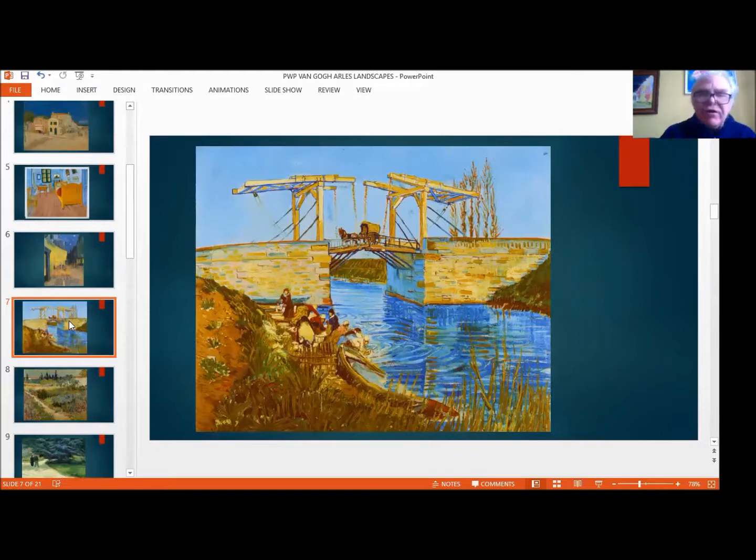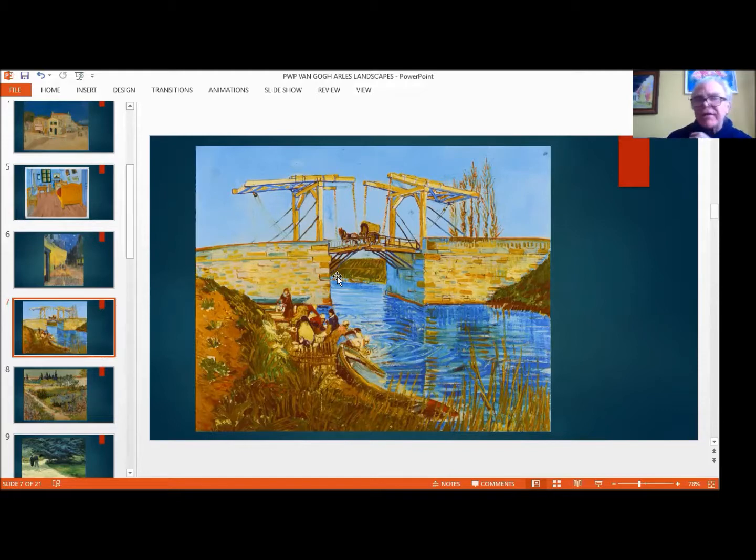He's lonely for his home country of Holland, and it so happens that as in Holland on the canals, in Provence they have the similar bridge system of these cantilever bridges, and it's possibly an explanation for why he chose this subject, literally his homesickness for his home country of the Netherlands.